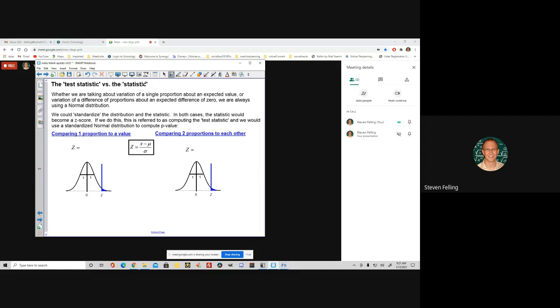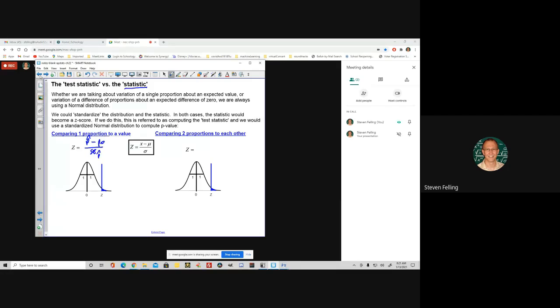And then, of course, we can talk about the test statistic for this versus the statistic. This is going to become more and more important as we go throughout the semester. So the statistic is the actual value. In a one proportion case, you take your p hat value and subtract the null hypothesis value, and then you divide by the standard error for p hats to find the number of standard deviations away.